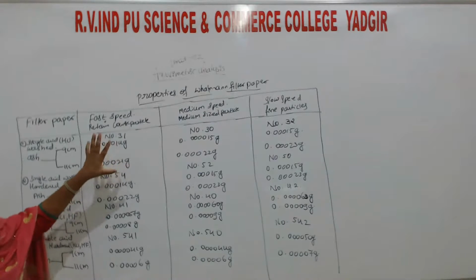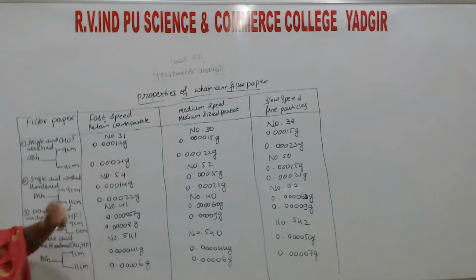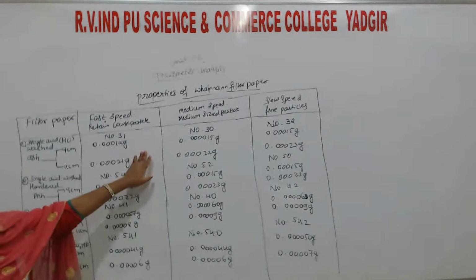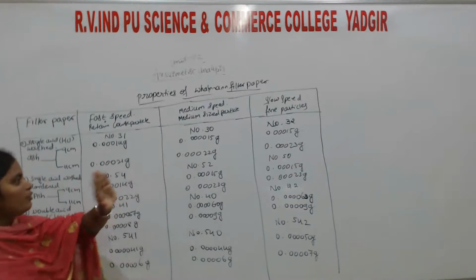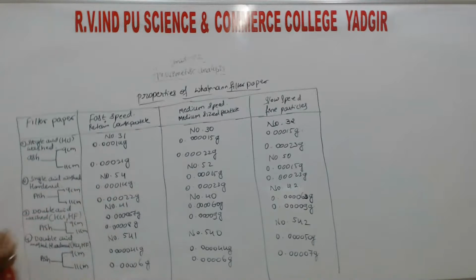Here the Whatman filter papers numbered 30, 31, 32, 50, 52, and 54 are used for elementary work.